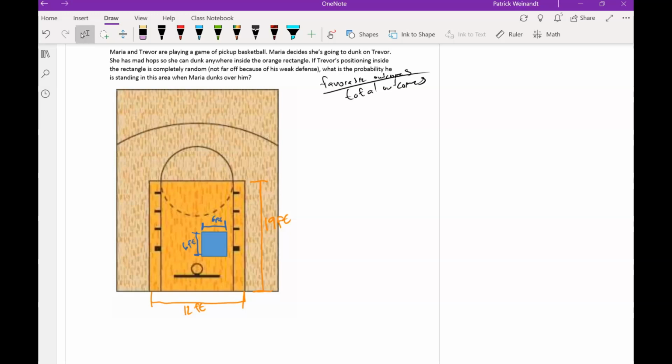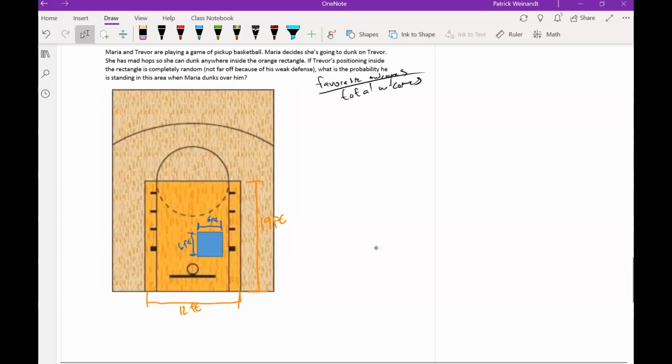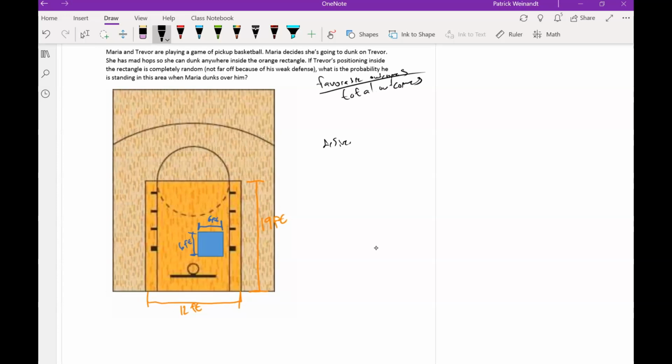So for geometric probabilities, finding the probability that something occurs in this spot is like taking the desired area and then dividing it by the total area it could occur in.